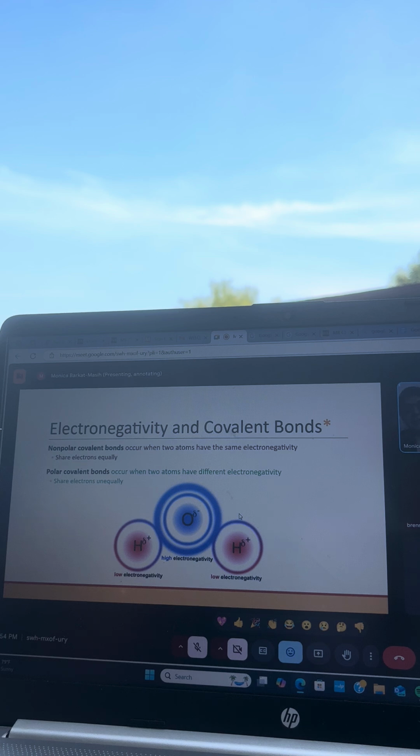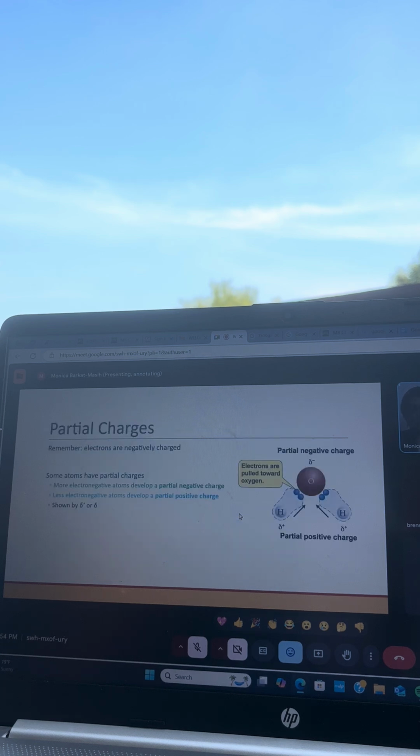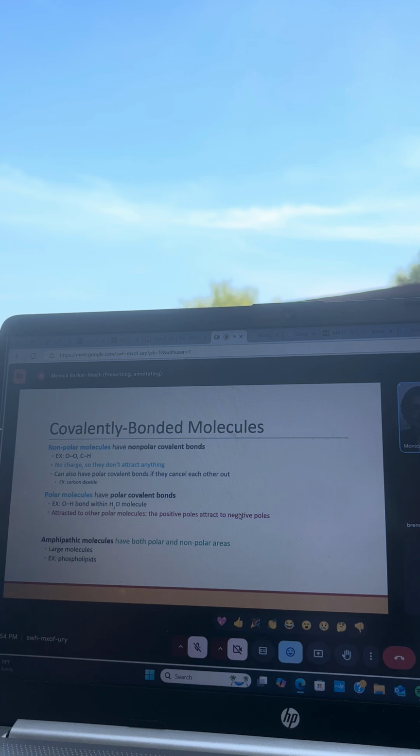So the electron is closer to oxygen, so oxygen will get a slight negative charge, whereas hydrogen will get a slight positive charge because that electron is further away from hydrogen. So that is the polar covalent bond. So you might want to read about polar and non-polar covalent bonds.